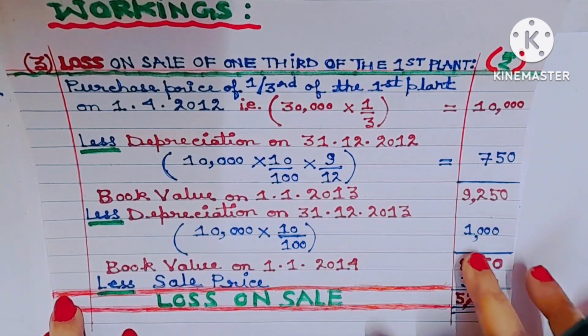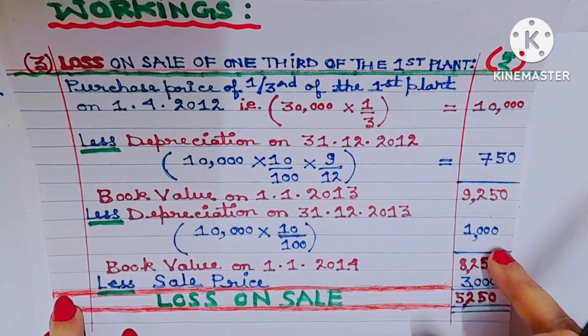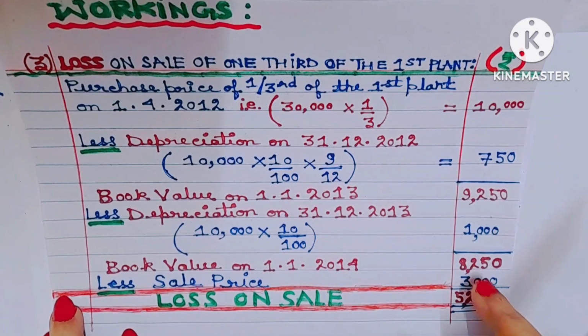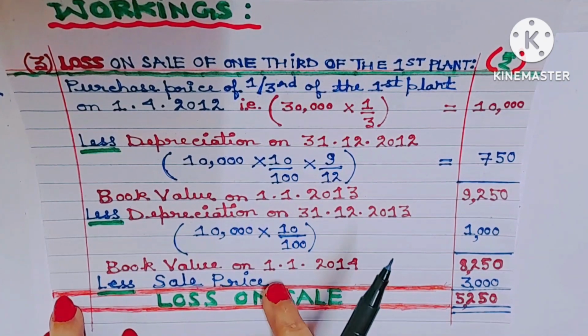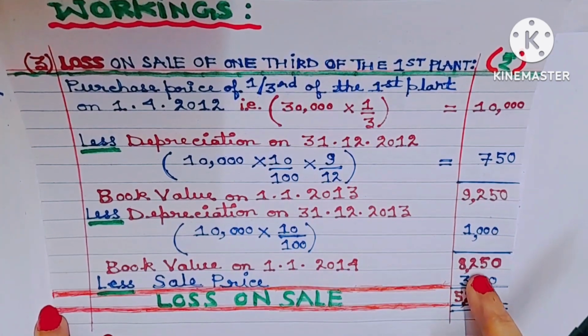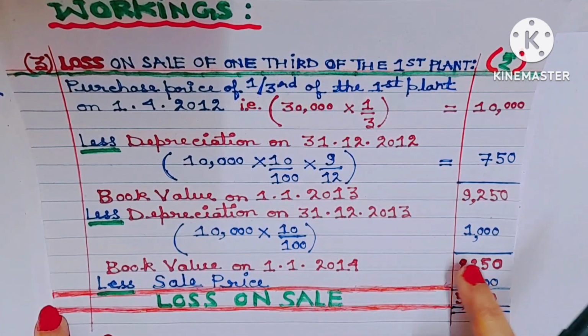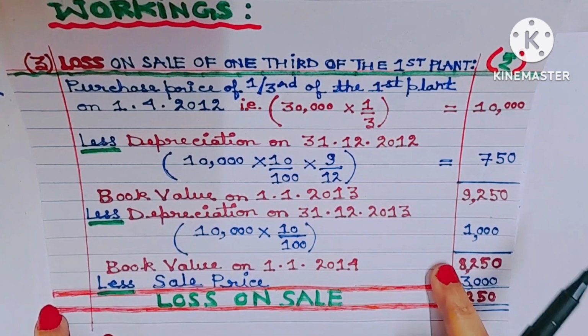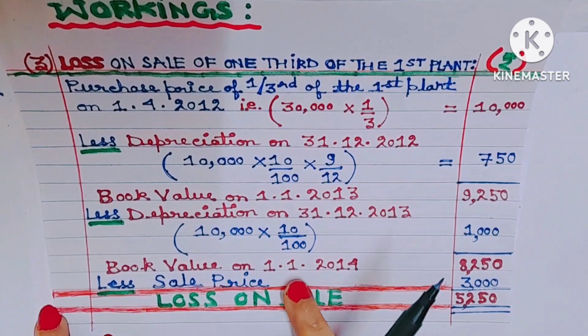That is 1,000. So if you deduct 1,000 from 9,250, we'll get 8,250. So this is the book value on 1st January 2014. This is the book value of 1/3 of the first plant on 1st January 2014.